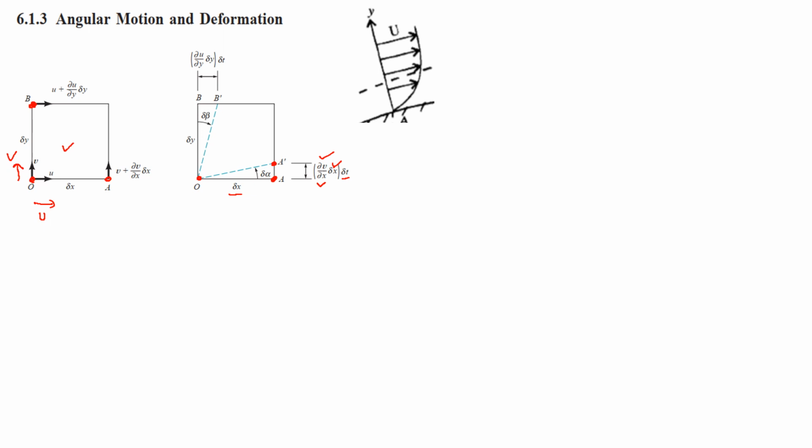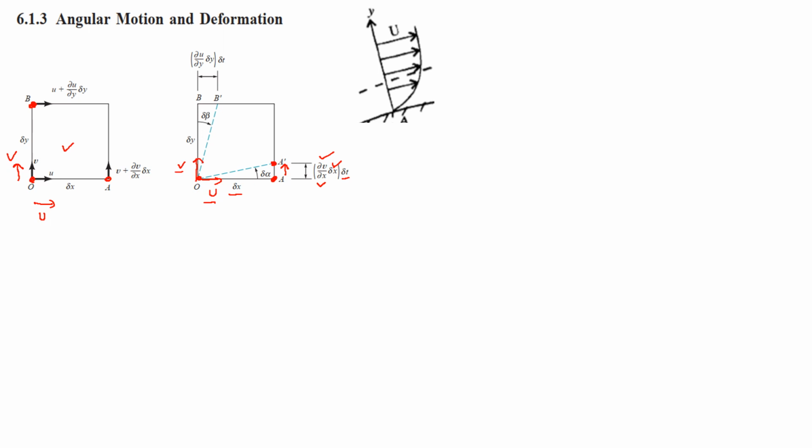So what's happening here is that is the u velocity, and that is the v velocity. This is the y component of velocity, this is the x component of velocity, and this OA edge is attaining a new position OA dash by moving in this direction.